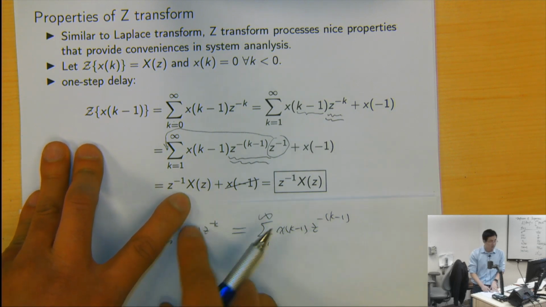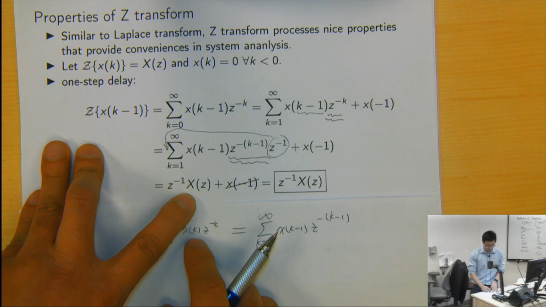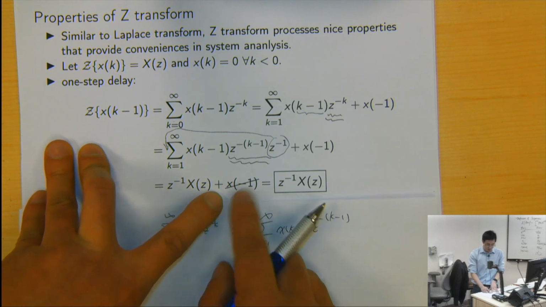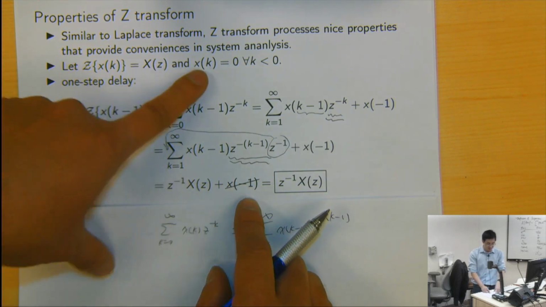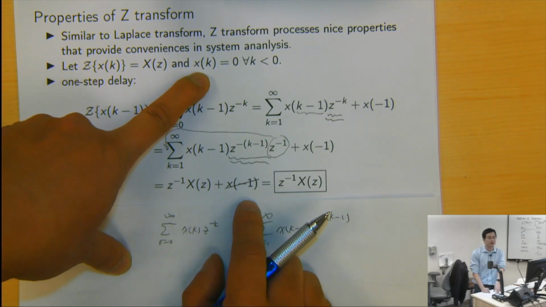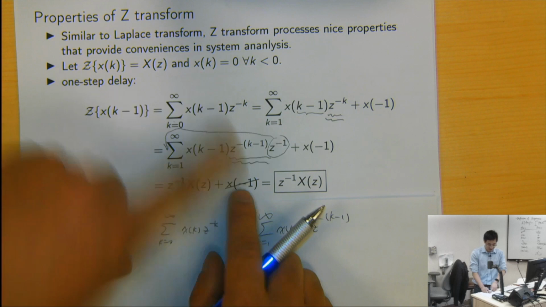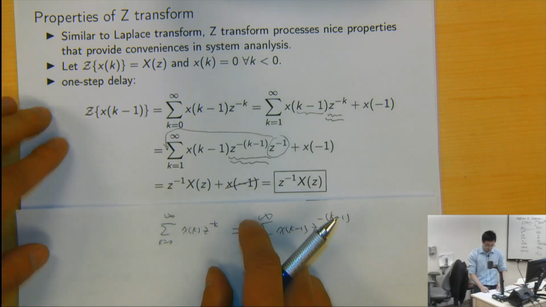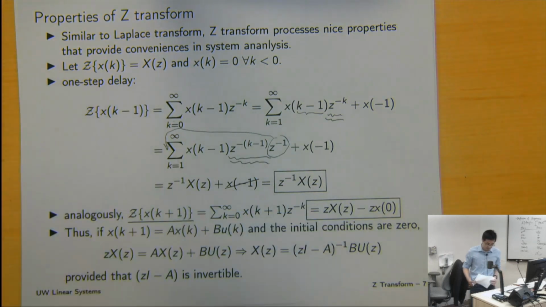And then we are done. So there's an additional x minus 1 term. And under this assumption that I only take a look at signals that are 0 if time is negative, this is 0. The one-step delay, the z transform, is z to the power of negative 1 times capital X of z.